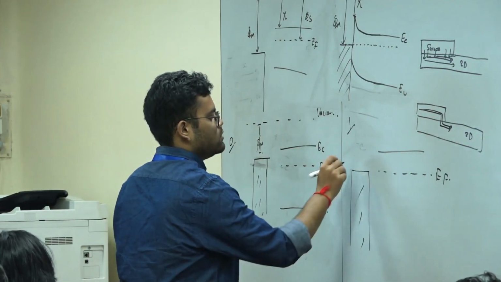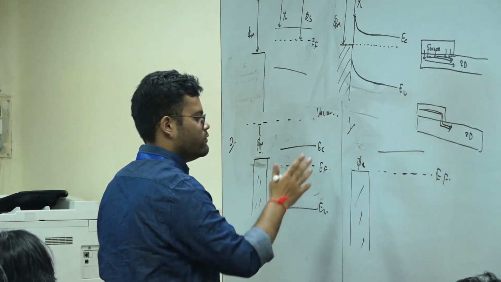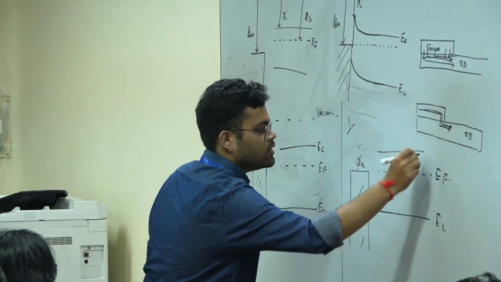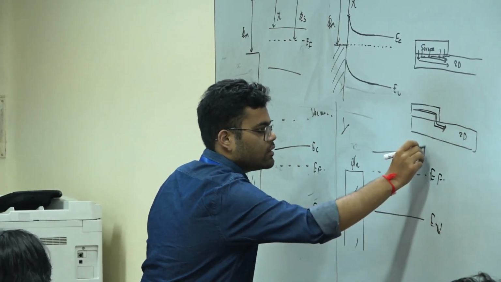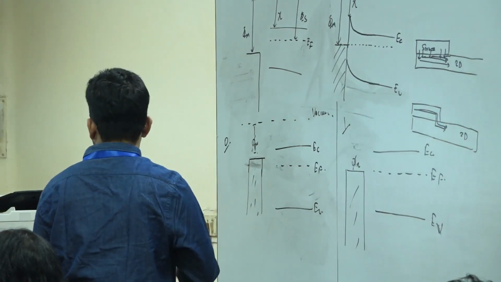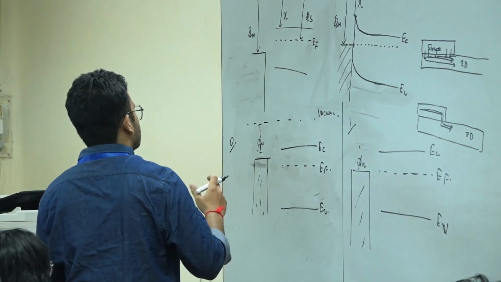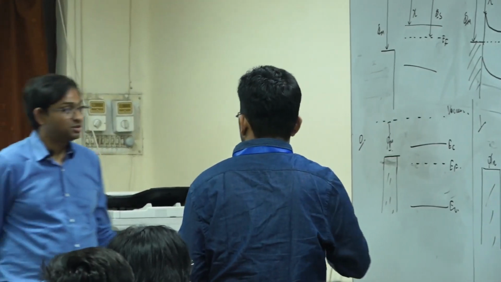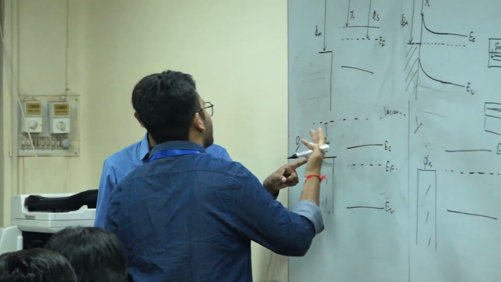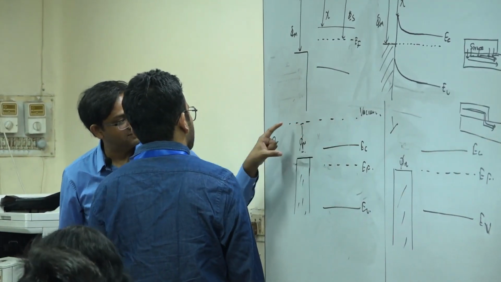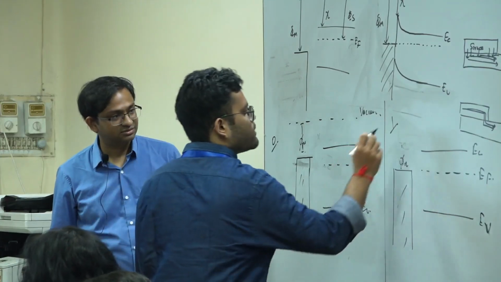Far away from the junction, the semiconductor will remain exactly the same. Very good. At the junction, something has, no, that is not the rule. The rule is that this position and this position has to relatively stay the same. Correct?